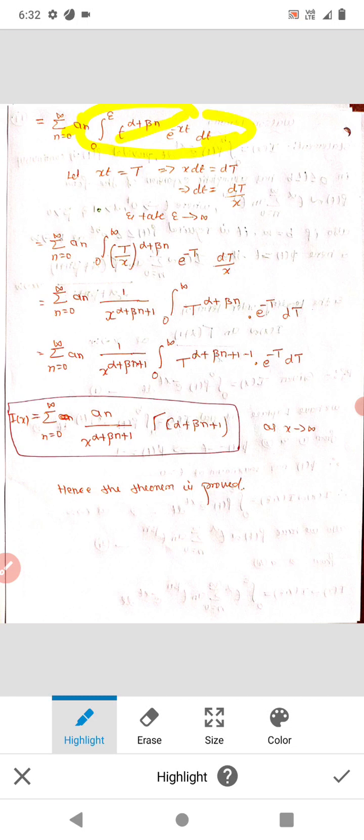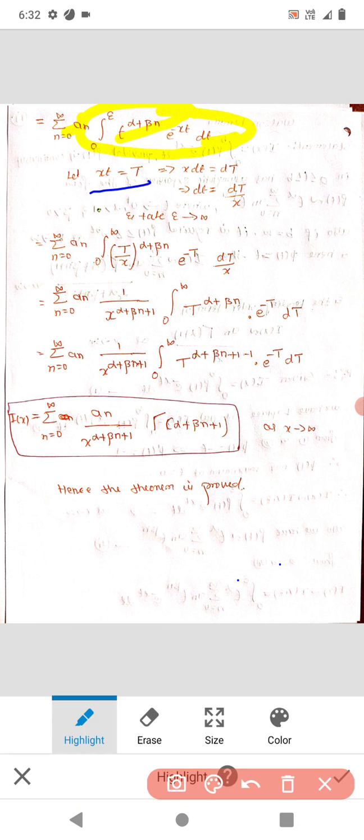Now to solve this, we are using the substitution method. By the substitution method, take xt equal to capital T, then differentiating, x dt equals dT, so dt equals dT by x, and take epsilon tends to infinity.